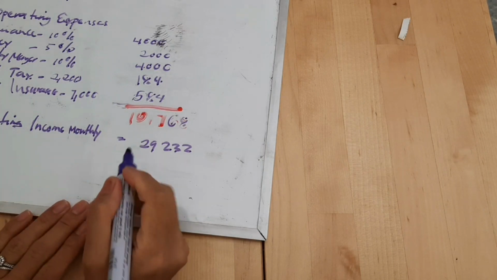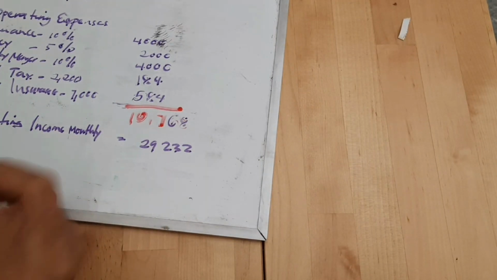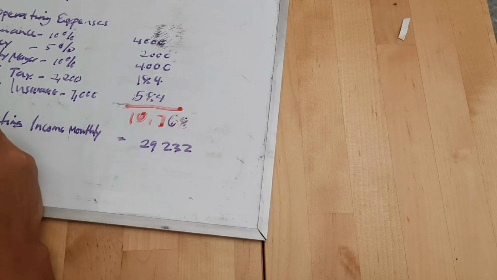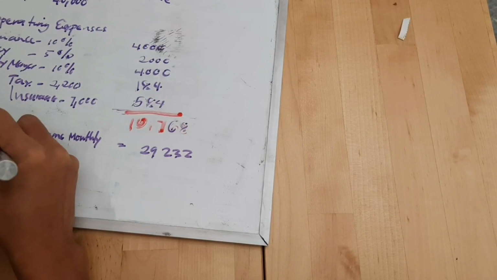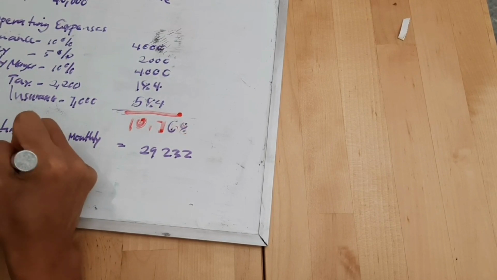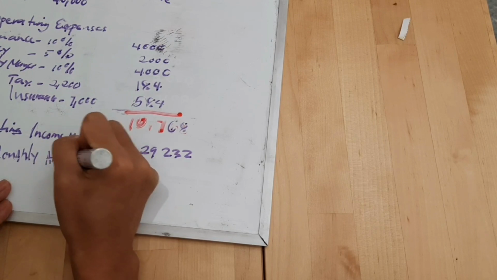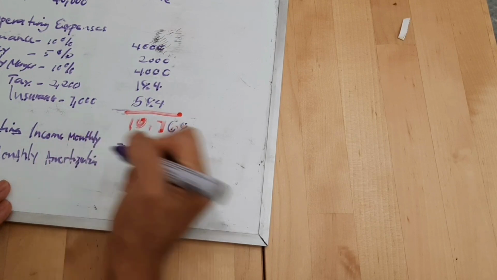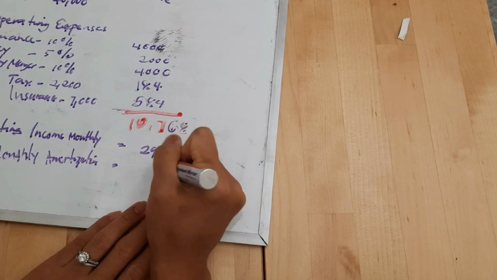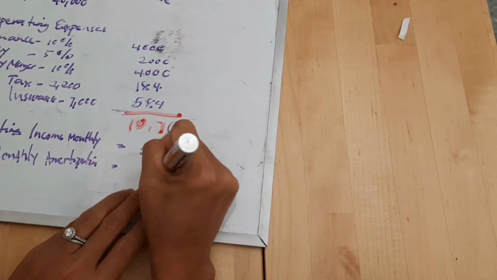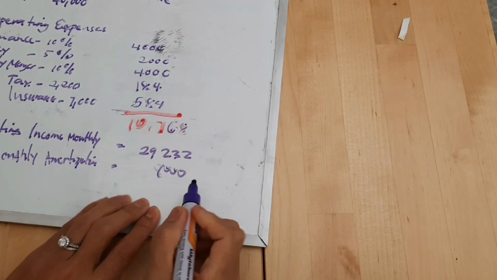Let's say your monthly amortization is 8,000.